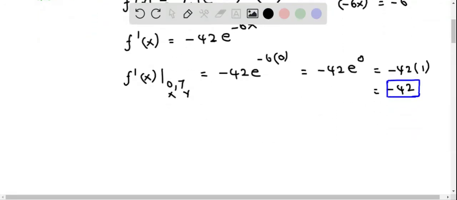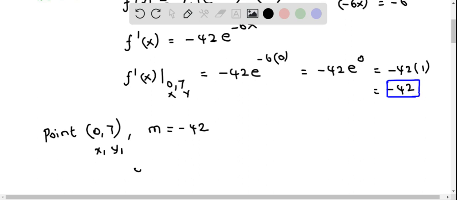So now we have this point (0, 7), and we also have the slope of the tangent line, which we have determined as m equals negative 42. So now I'm going to use the point-slope form of the equation of a line to determine the equation of the tangent line, which is y minus y1 equals m times x minus x1.